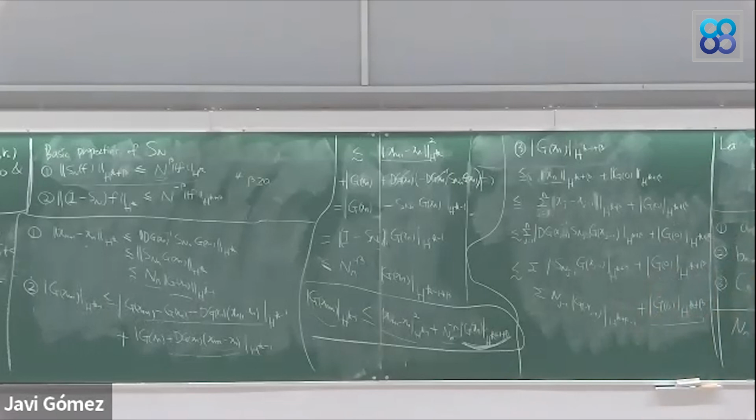So x_n is a Cauchy sequence in H^k and converges to x star. And b_n goes to 0, which means the limit is the solution that we are looking for.